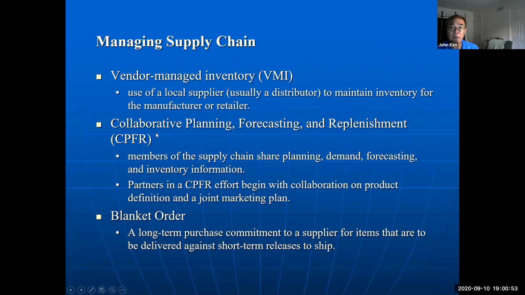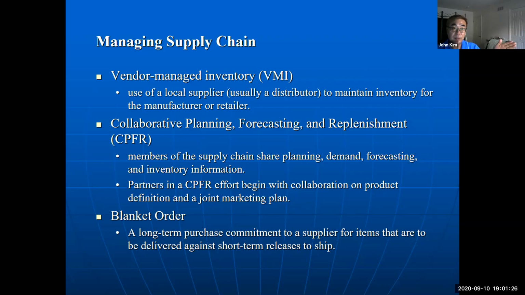And then collaborative planning, forecasting, and replenishment. This one is also the same. So work together, connected by IT, to reduce inventory and respond fast. And then blanket order. This one is a kind of long-term purchase commitment, not short-term.